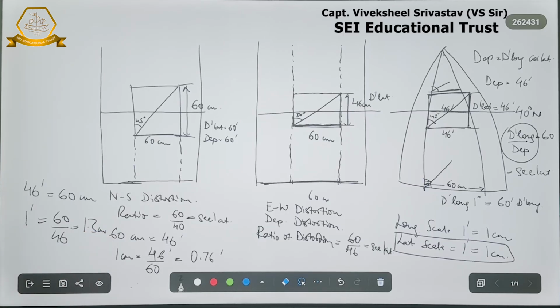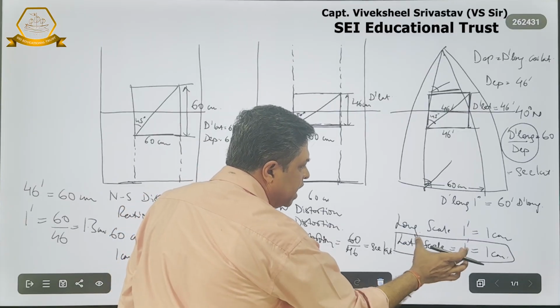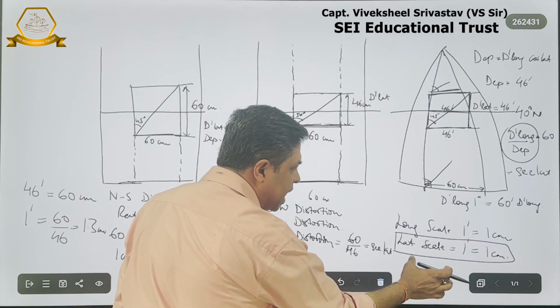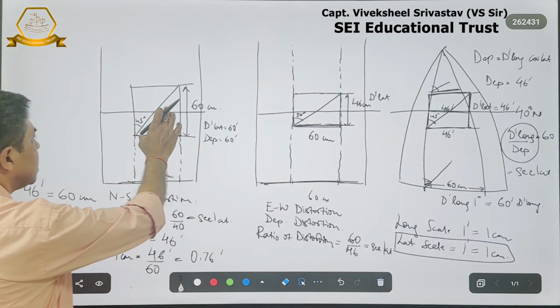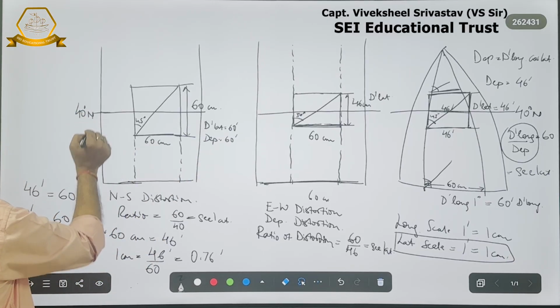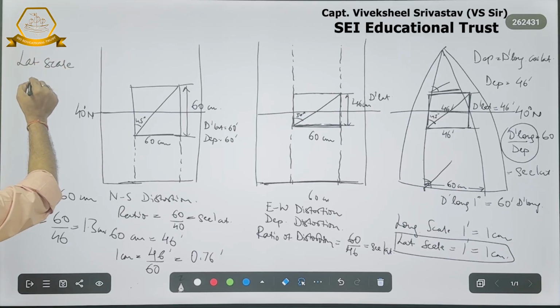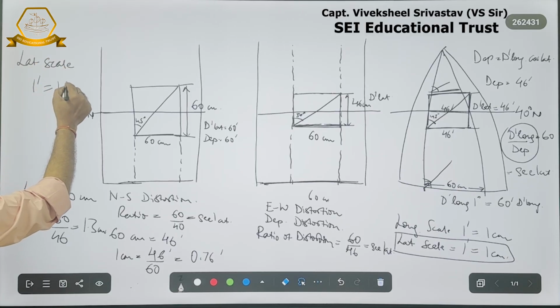So I have to redefine my latitude scale so that my distance measurements are correct at this latitude, at 40 degrees north latitude. So my new latitude scale will be 1 minute is equal to 1.3 centimeters.